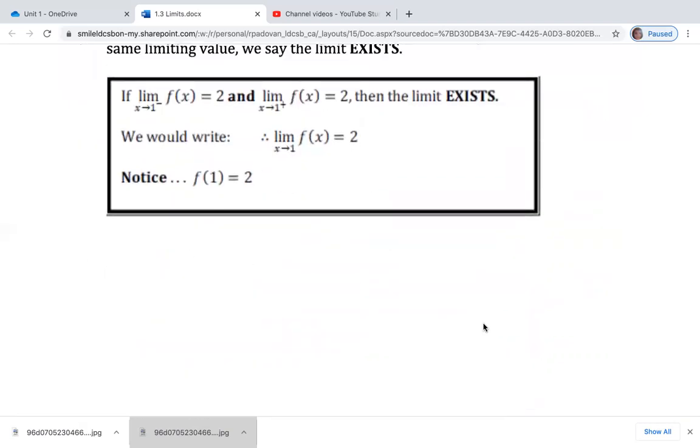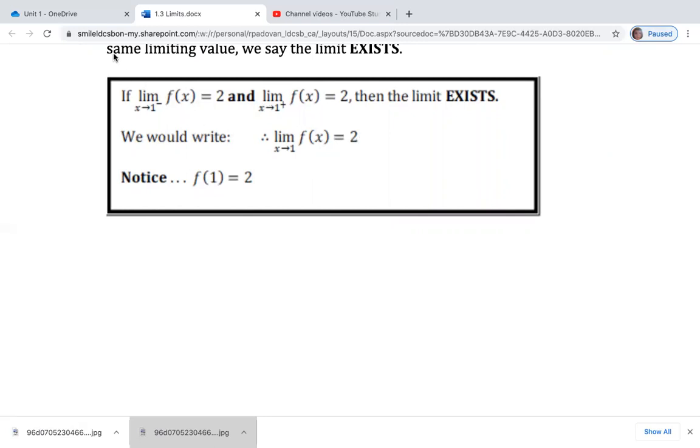And therefore, we simply say the limit as x approaches 1, with no left or right sign indication, which means from both sides, of the function f of x is equal to 2, and then we say that the limit exists.